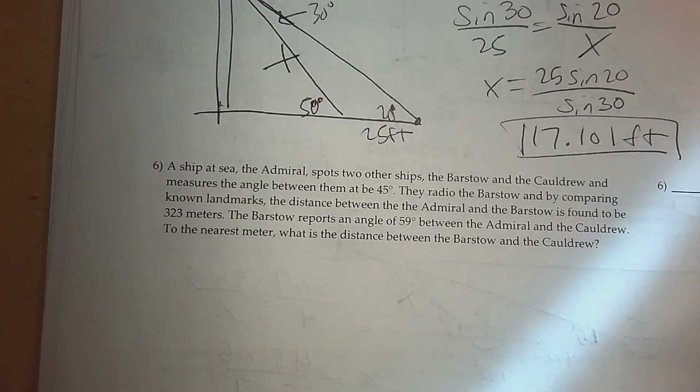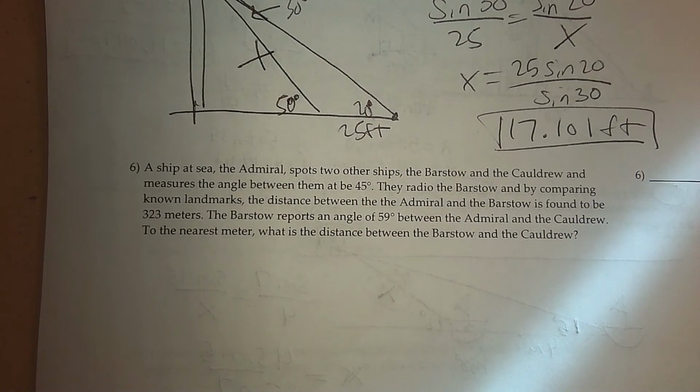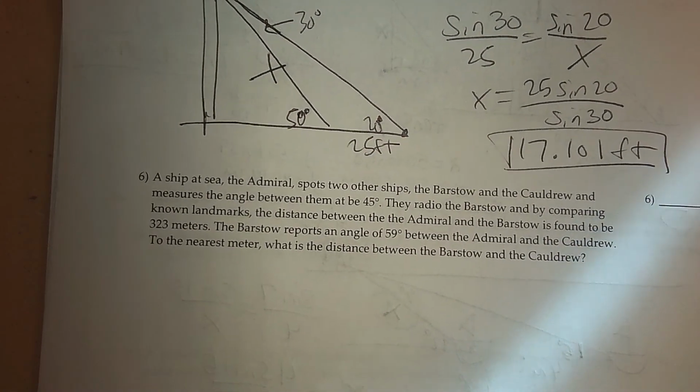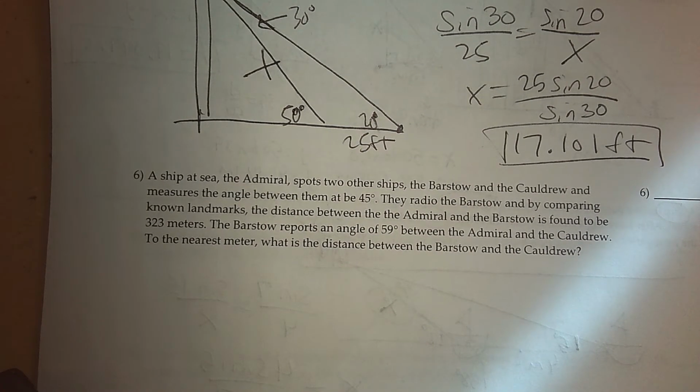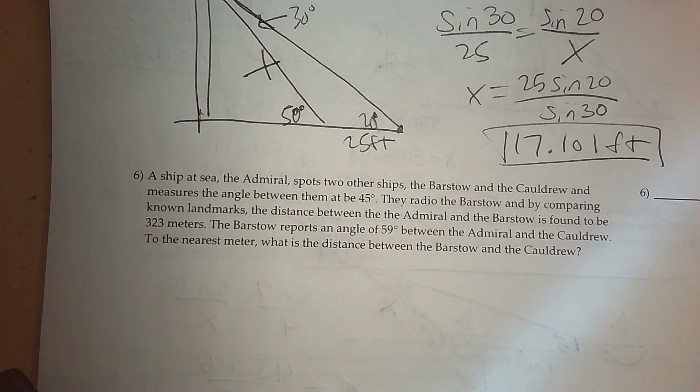All right, number 6. That's right, a ship at sea, the Admiral, that's the name of the ship, spots two other ships, the Barstow and Coldrew, and measures the angle between them at 45 degrees.